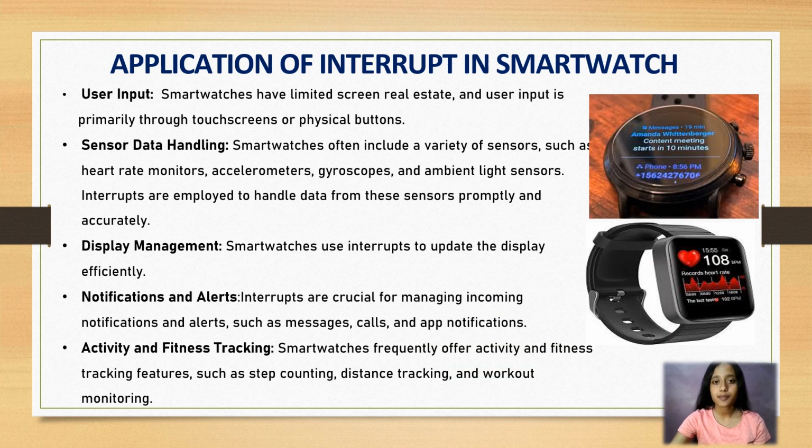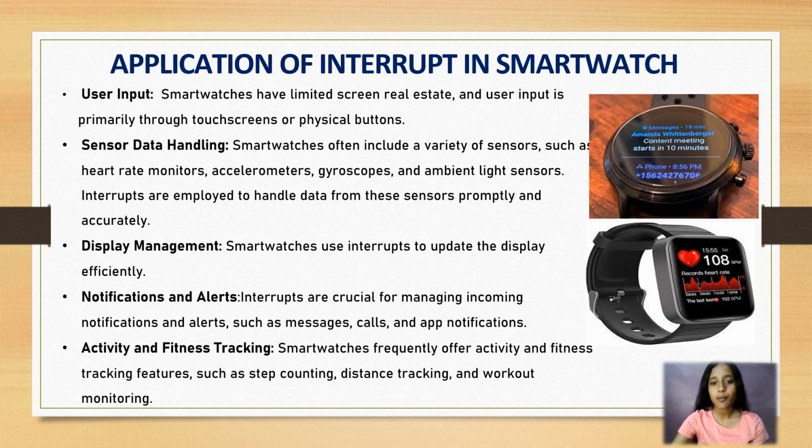Let us study the smartwatch as an application of interrupts. The first feature is user input. User inputs are mainly in the form of taps, swipes, or pressing buttons or switches to navigate through menus and notifications, set alarms, etc. Then sensor data handling.